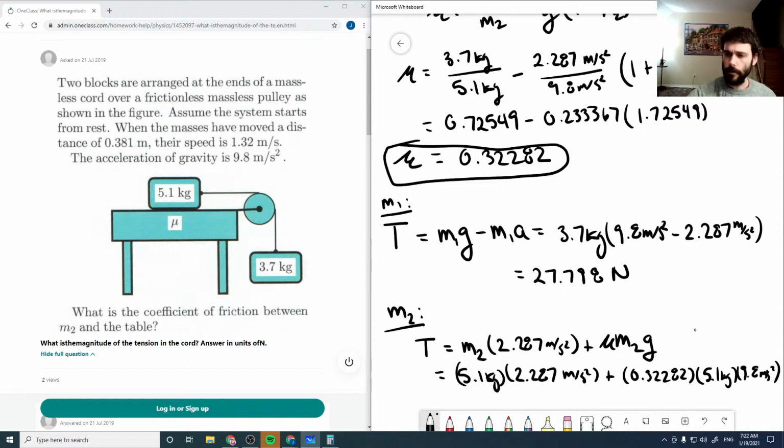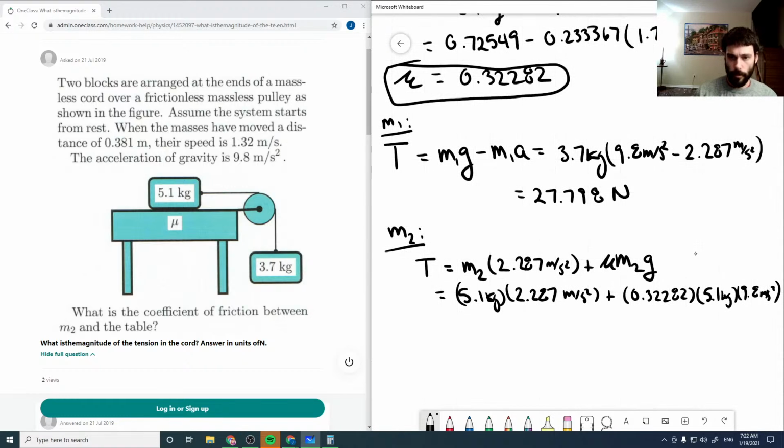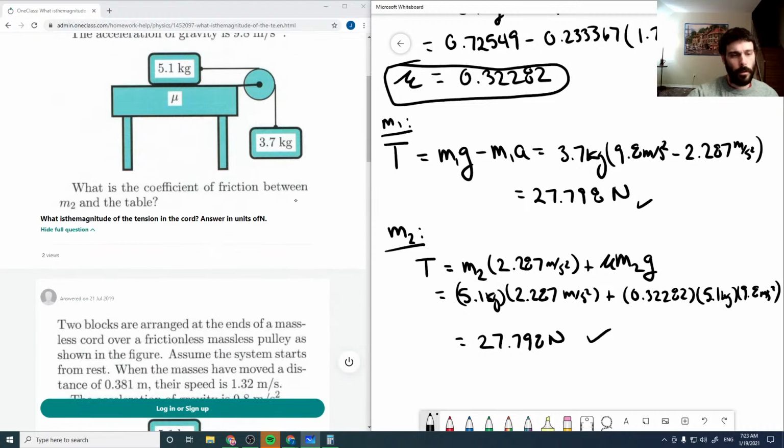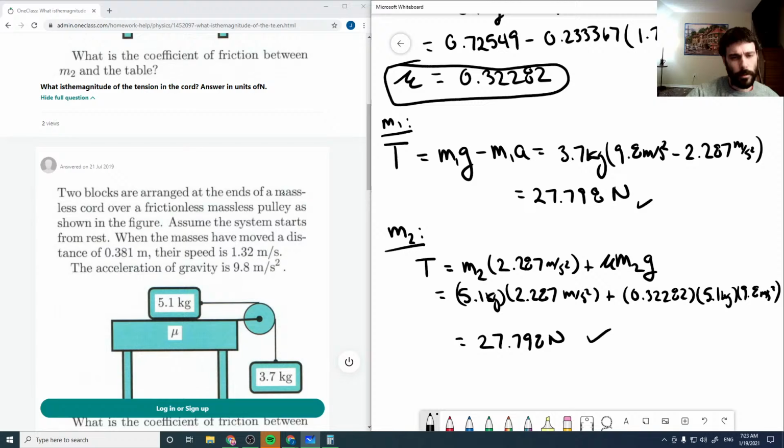And if we work this through, then we get 27.798 newtons. So that looks good. So they're consistent, meaning we did everything correctly. Or at least it seems to be. Okay, so let's check through the solution here.